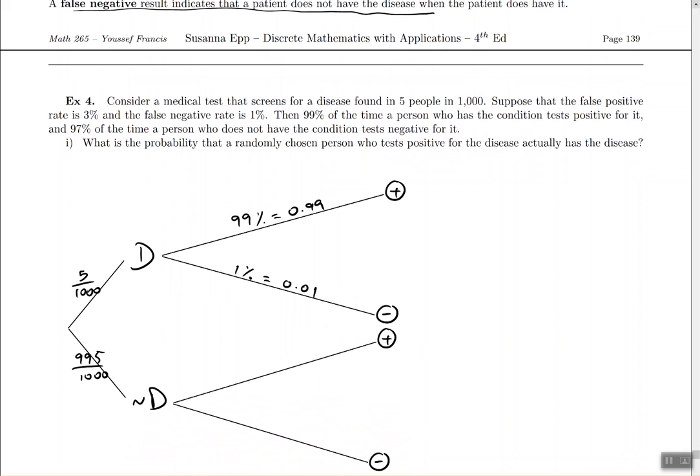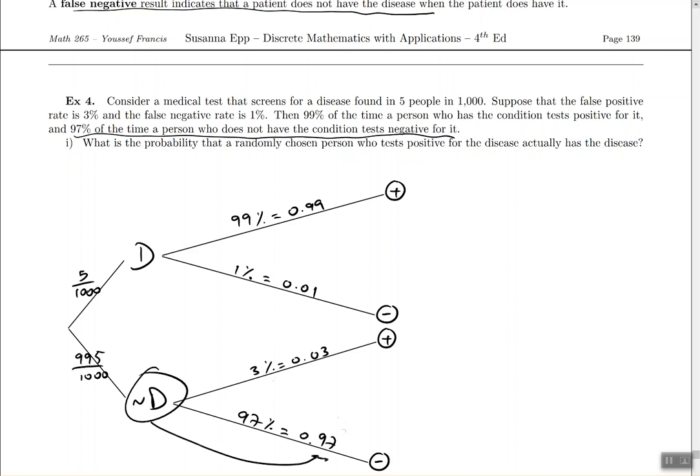So that rate is 3%, or 0.03. Whereas the bottom one will be 97%, which is also 0.97. That's what my paragraph says: 97% of the time, a person who does not have the disease will test negative for it. So it looks like my tree is designed correctly so far.